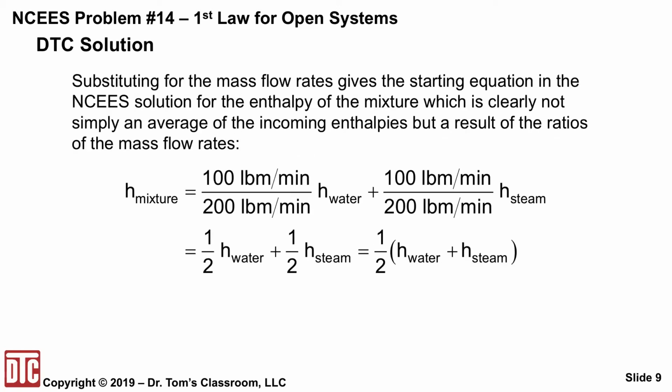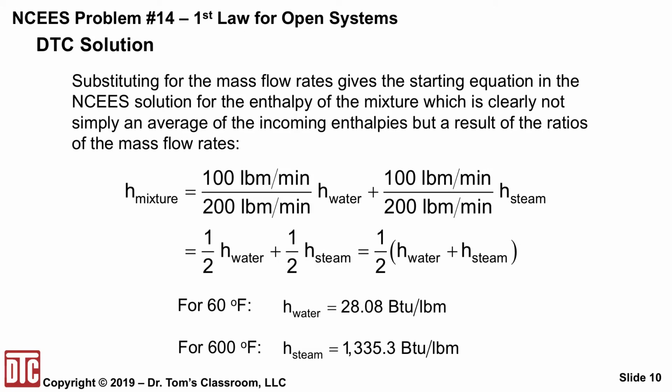If you put in the mass flow rates, you get 100 over 200 times h of water plus 100 over 200 times h of steam. That's a half h water plus a half h steam, which looks like one half times h water plus h steam. So this is the first equation, and it looks like you're just averaging the enthalpies, which is confusing, and it doesn't need to be.